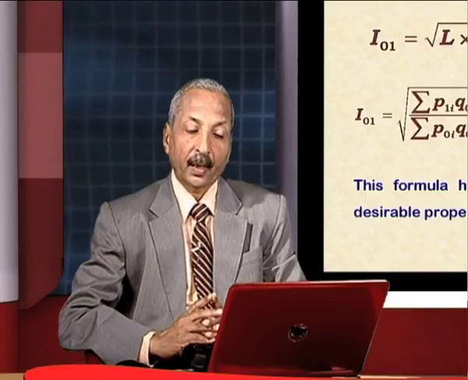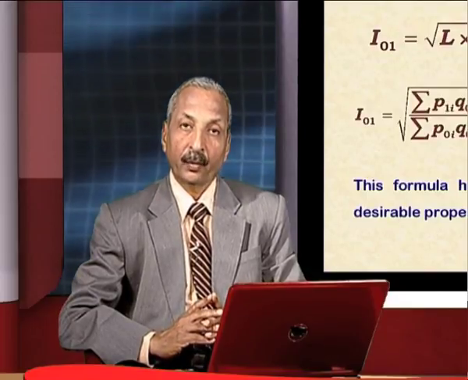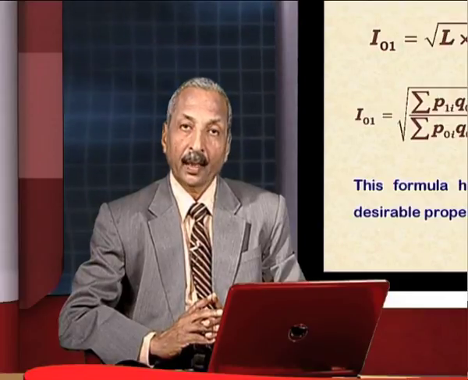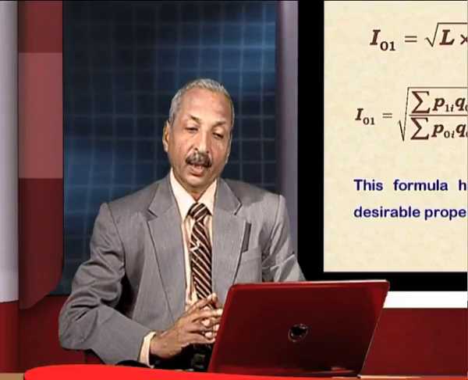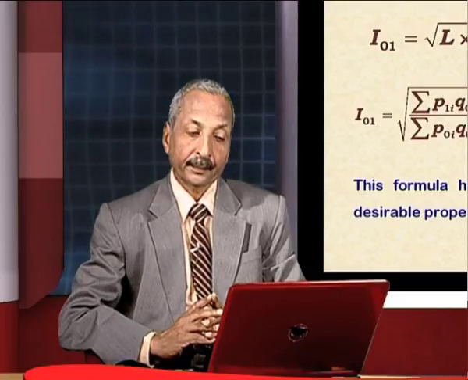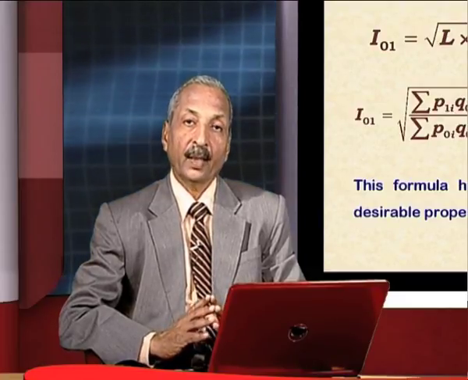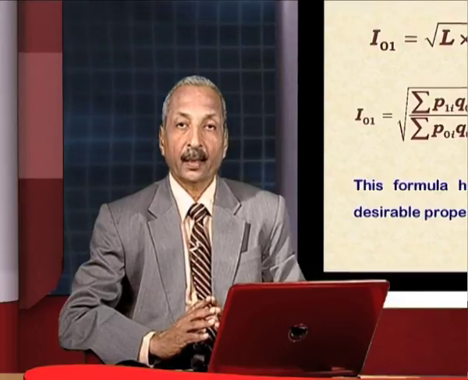And the index number due to Walsh, who gave it in 1901, and again by Fisher in 1920. This formula is nothing but the geometric mean of the Laspeyres and Paasche index numbers.